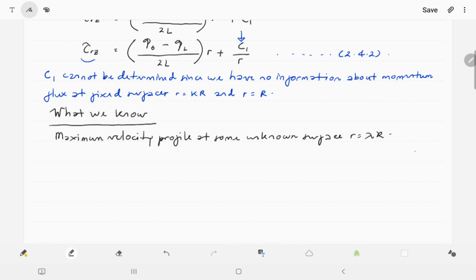At this maximum velocity, the shear stress will be 0.